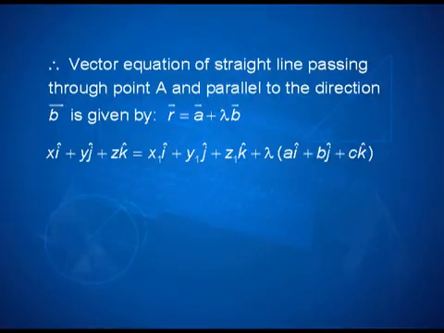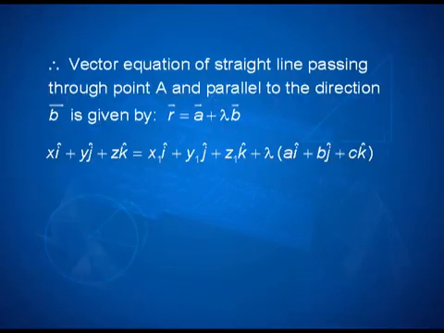Again, it is essential for us to translate this information into Cartesians. If I replace vector r, vector A, vector B in terms of their components, then I get an equation of the kind x i cap plus y j cap plus z k cap equal to x1 i cap plus y1 j cap plus z1 k cap plus lambda times the vector B replaced by A i cap plus B j cap plus C k cap.